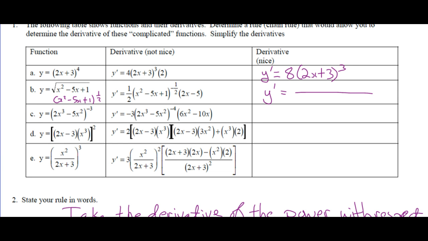We've got a 2 from the 1/2, and we've got the square root of x squared minus 5x plus 1. And what's in the numerator? We've got the 2x minus 5. So it'll be 2x minus 5 over 2 times the square root of x squared minus 5x plus 1. If we can express it as a square root, we do. If it's like cube root or squared stuff, we'll leave powers.